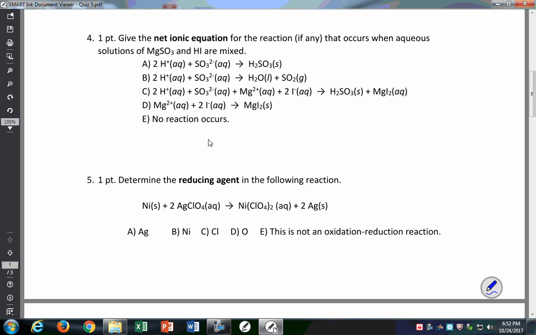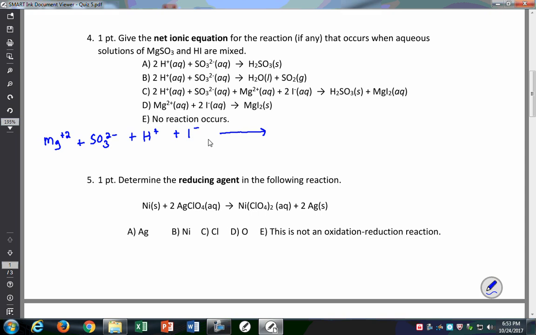Our net ionic equation for this reaction. So we have MgSO3, that is going to form Mg 2+ ions plus SO3 2-, plus H+ and I-, and then we're going to switch them.